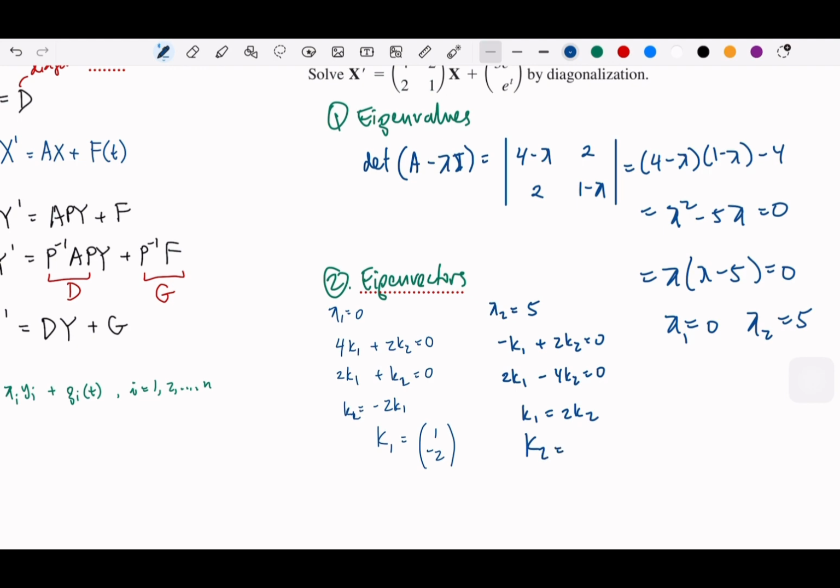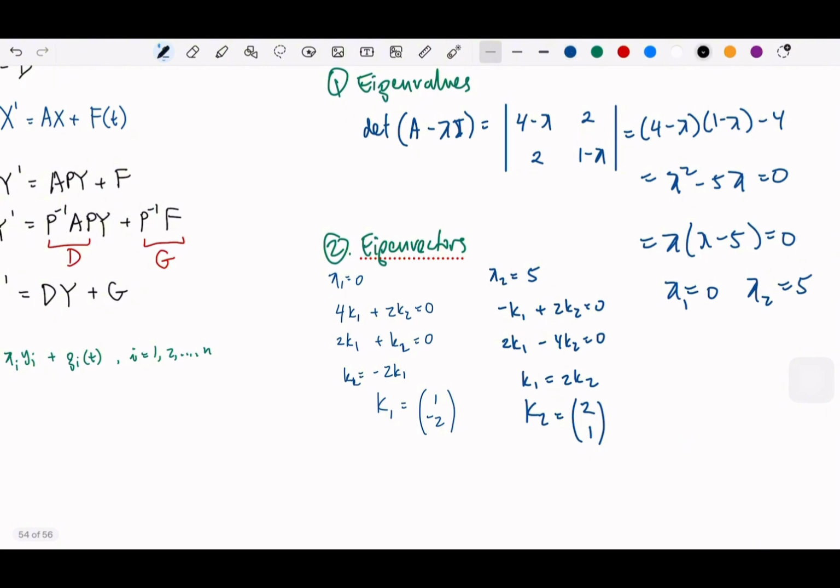K2 is 2, 1. And then we can arrange the matrix P. So P will be 1, negative 2, 2, 1.